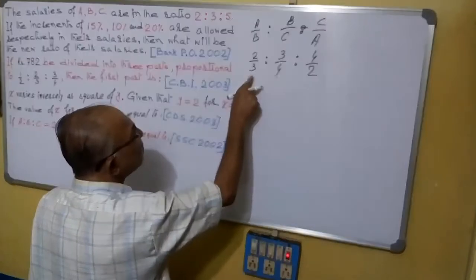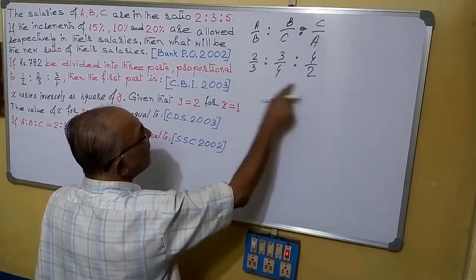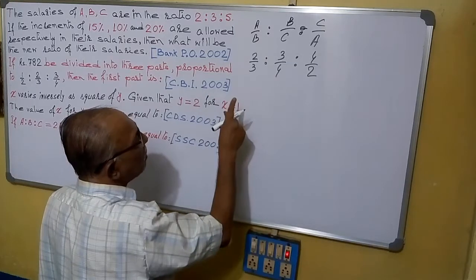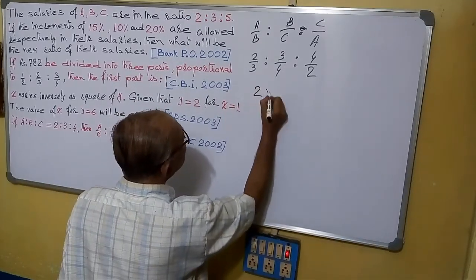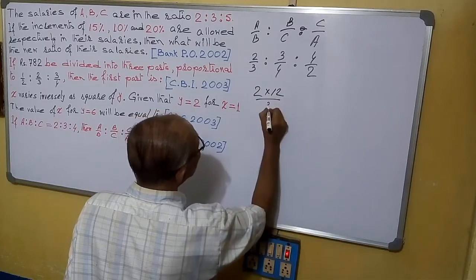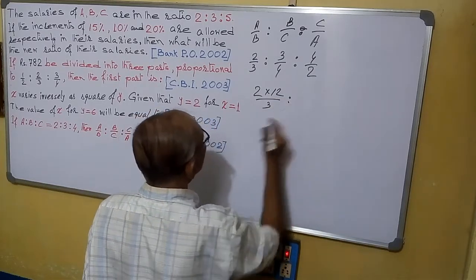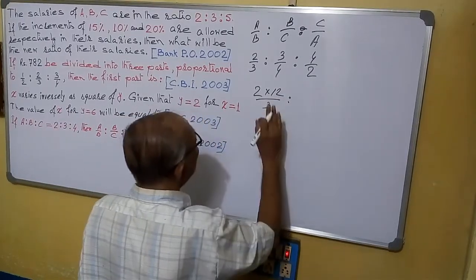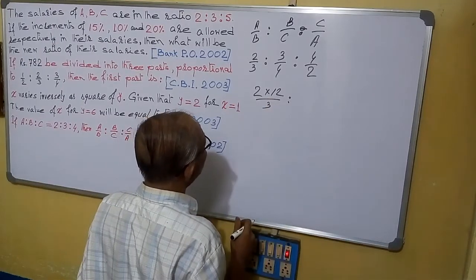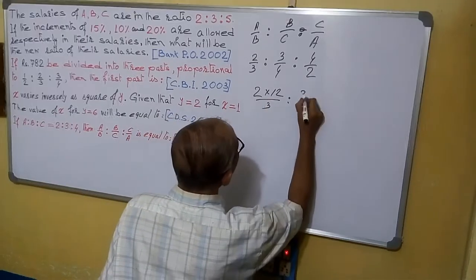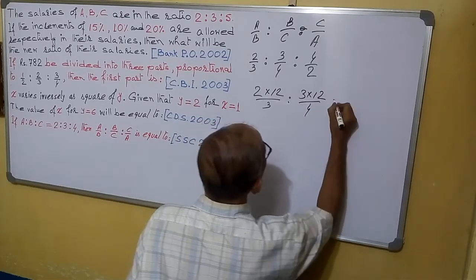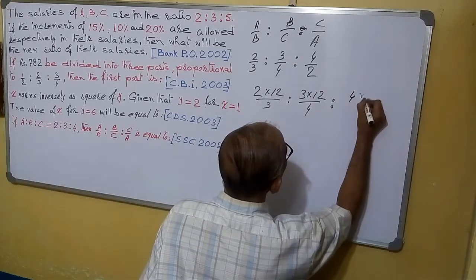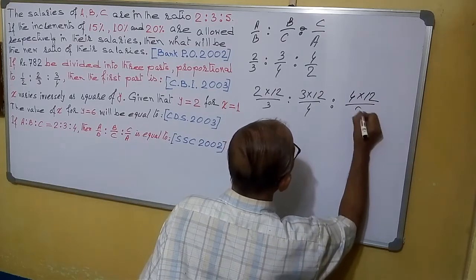Now see, for these 2, 3, 4, the LCM is 12. So multiply each one by 12. 2 into 12 by 3 is to 3 into 12 by 4 is to 4 into 12 by 2.